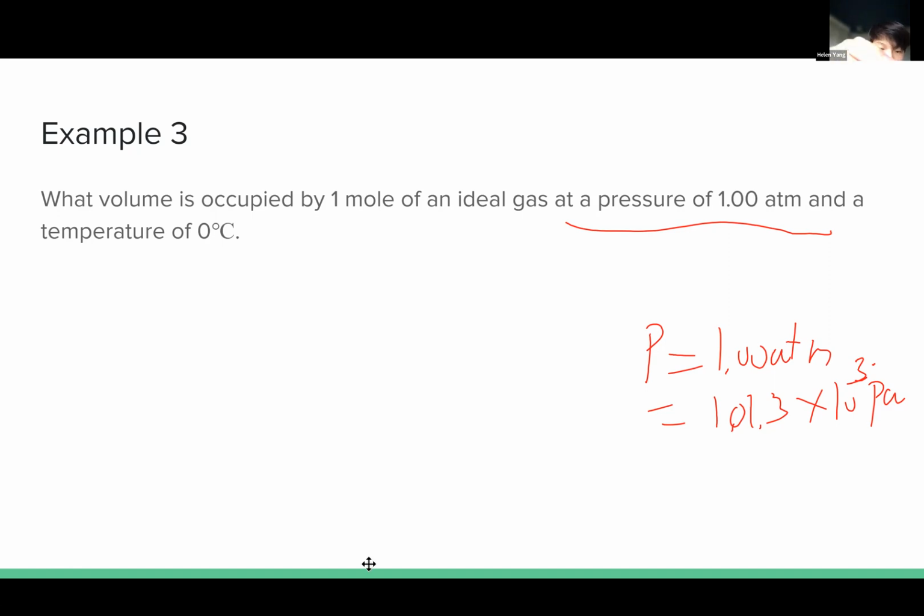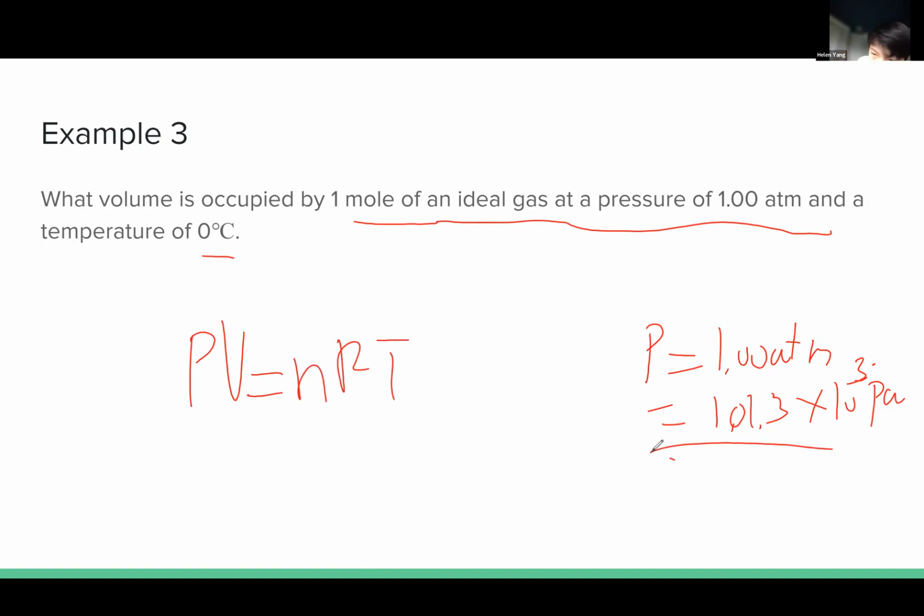Okay, so to do this question, it says what volume is occupied by 1 mole of an ideal gas at a pressure of 1 atm and a temperature of 0 C. So we would use the equation pressure times V is equal to nRT.